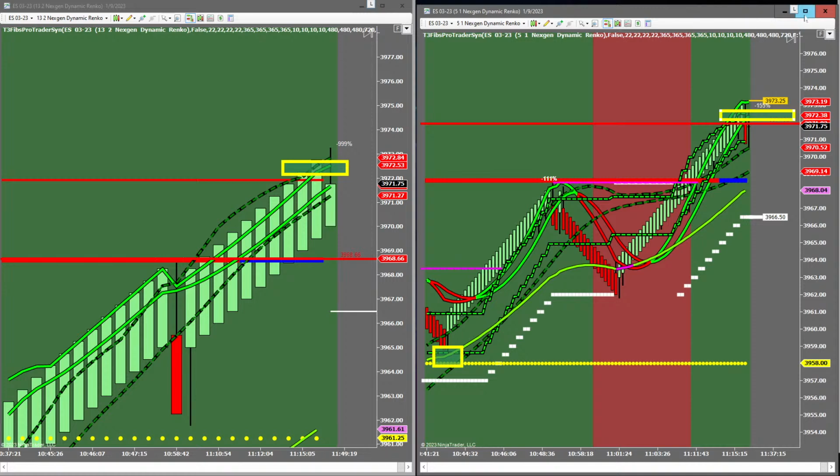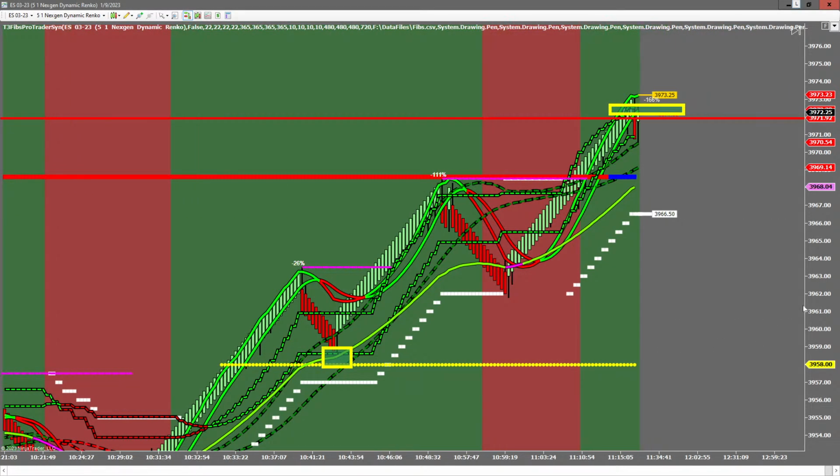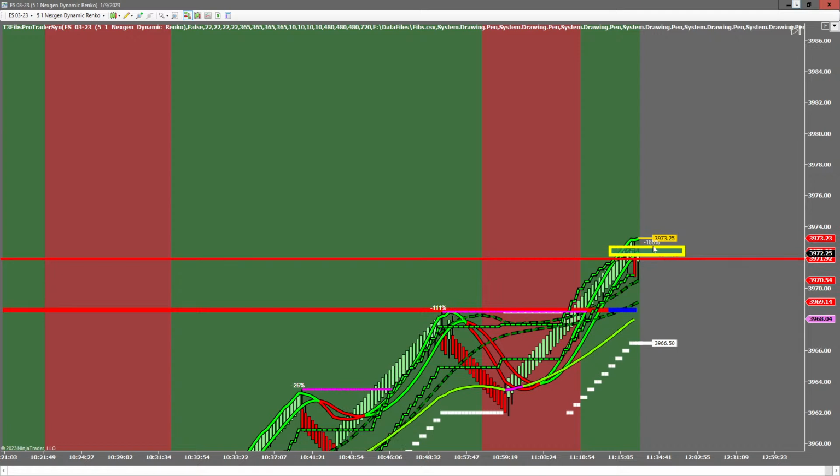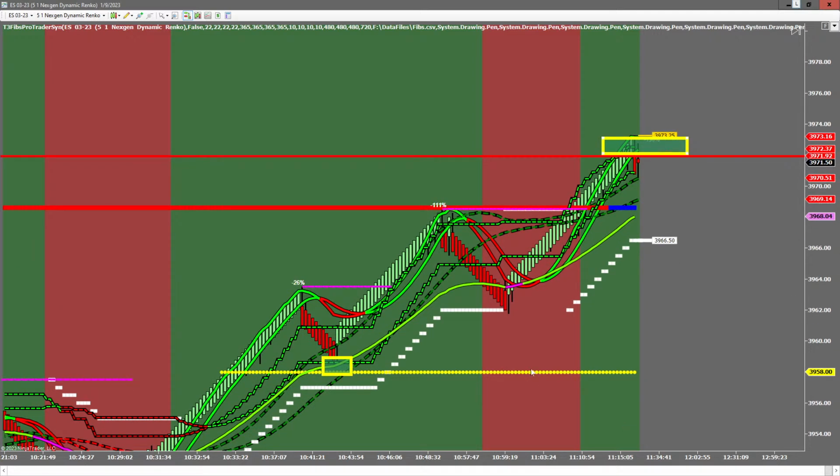But I know for sure we're at a line that says we're going to have to break above this area in order to keep going. Right? I mean, that's the line in the sand. 100%. Without question, you don't get above it, it's not going up anymore. Oh, that sounds kind of silly, doesn't it? If it doesn't go above it, it's not going up anymore. That's like saying the market's either going to go up or down from here.